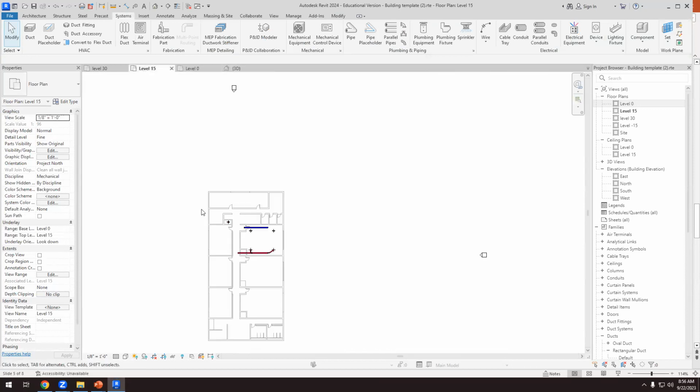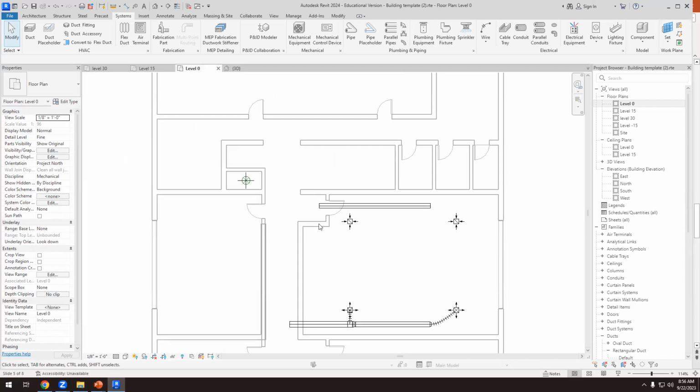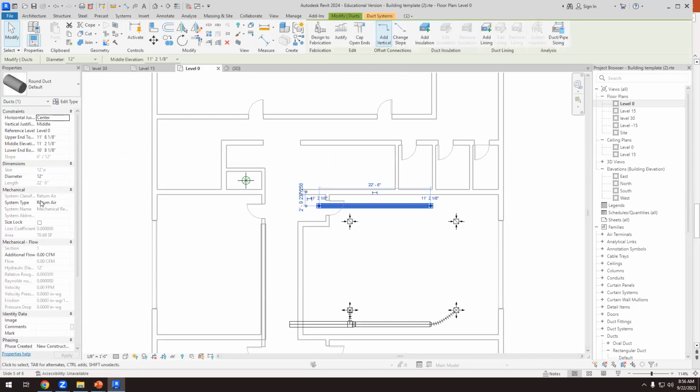If you're working on level 15, here we have colors. So with colors, we know what supply and what return is. That's why working with colors is useful. But here, for the sake of bravery, we are working without colors, okay? But we can find out if we are working with supply or return air diffusers or ducts.